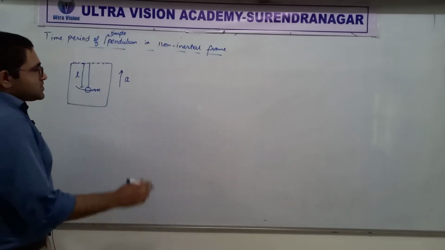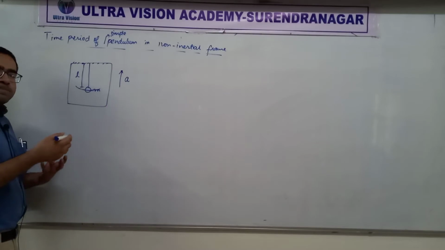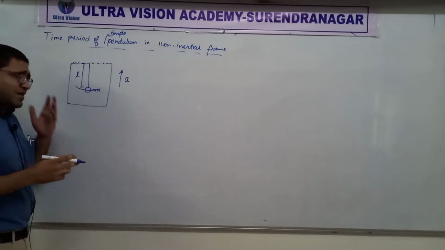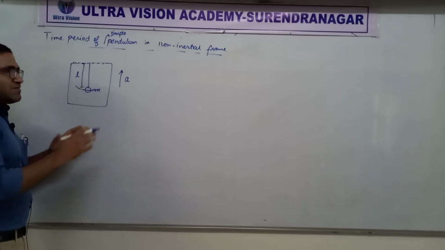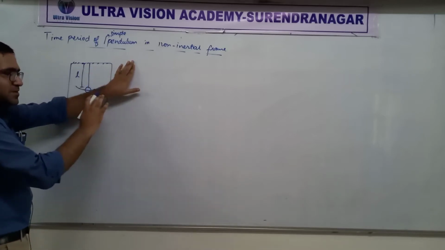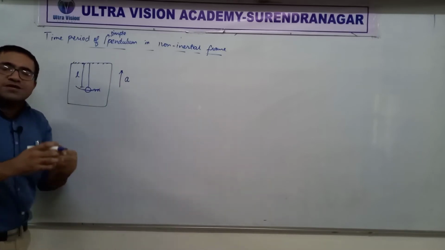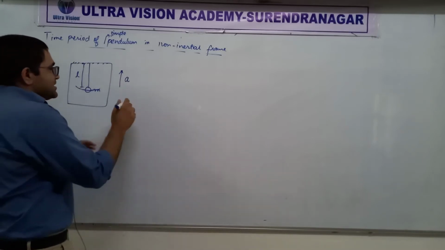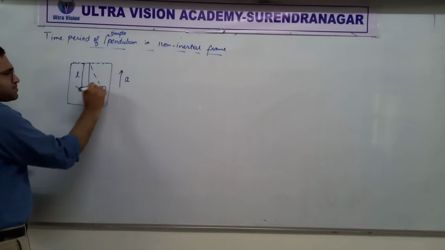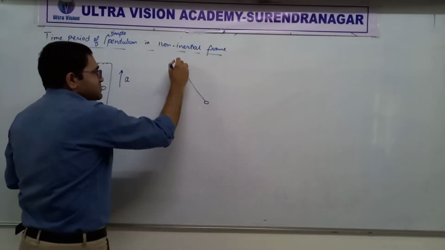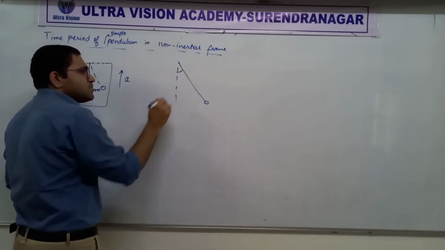Let's see. So we will draw the FBD of this bob just like we have done earlier, where there is no acceleration of the frame. If you want, you can go back in your notes and see what we got. Let's say this is at an angle theta with the vertical.